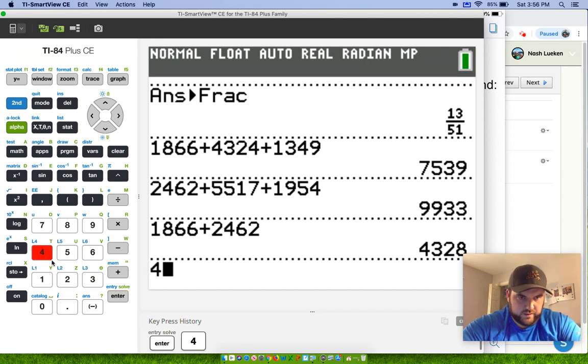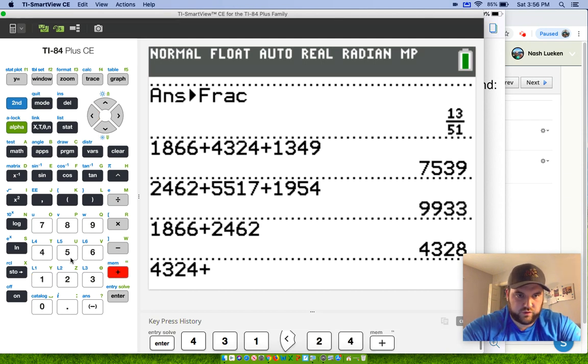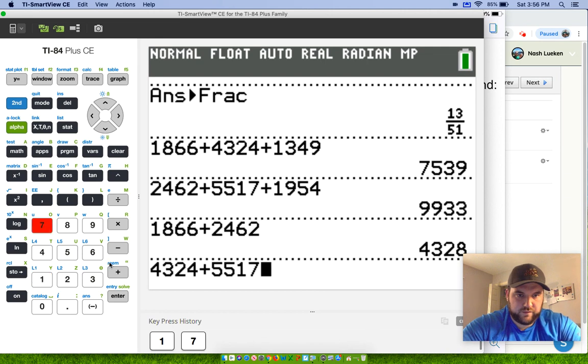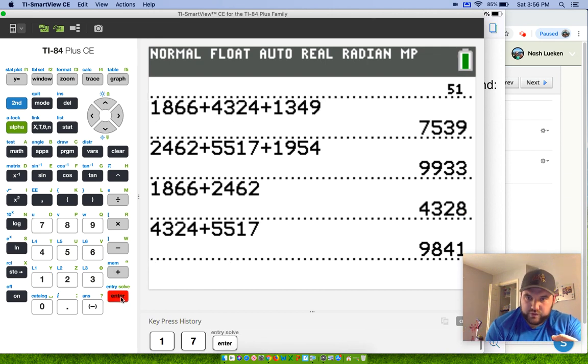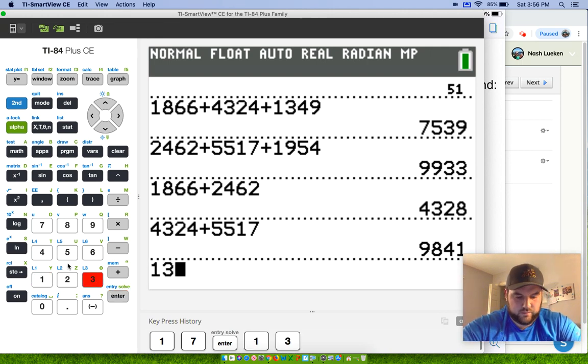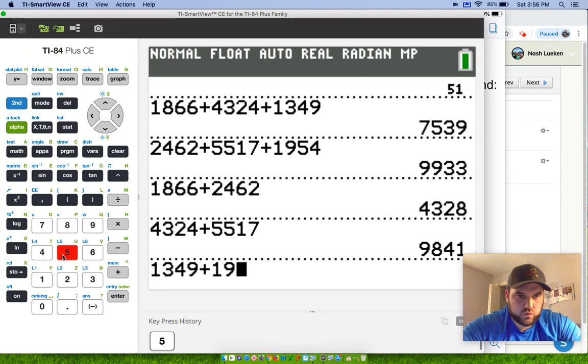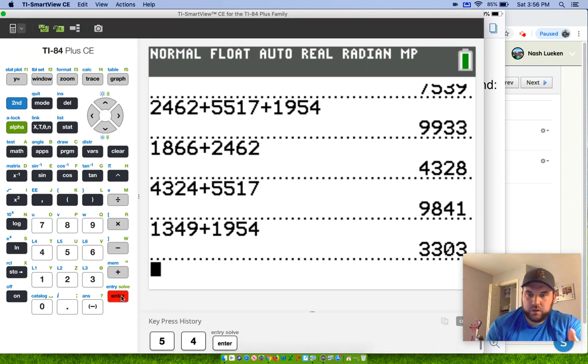Might seem like tedious or unnecessary work, but this stuff is super important so that we can answer these next questions very quickly. For 4-year colleges, that was 9841. And finally, in grad school, there was 1349 plus 1954. That's 3303.